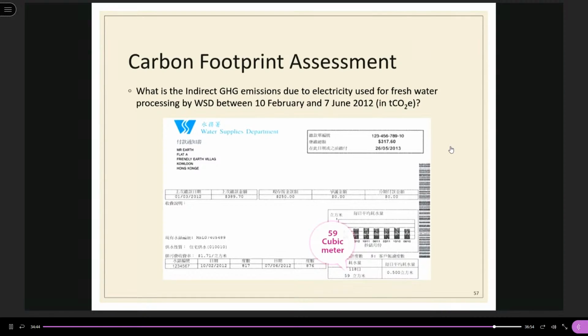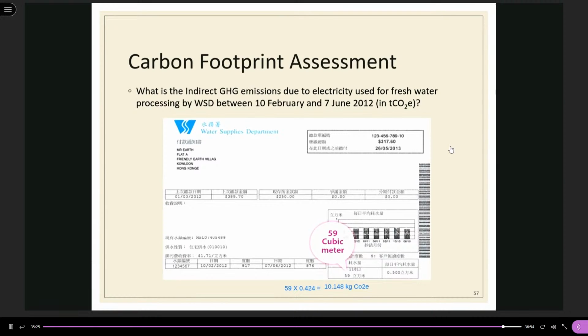So 59 cubic meters of water consumption, multiplied by the greenhouse gas emission factor in the year 2008, gives us 10.148 kg carbon dioxide equivalent. Okay, so this is just a demonstration of how you can estimate your carbon footprint.